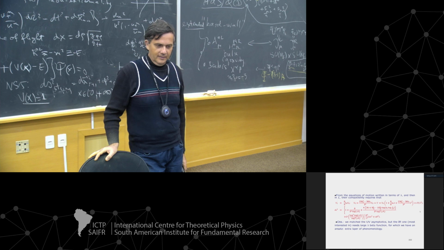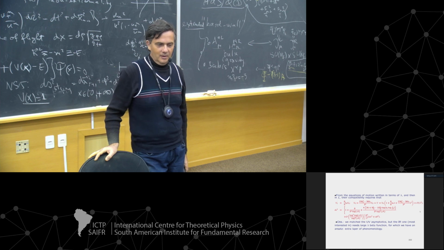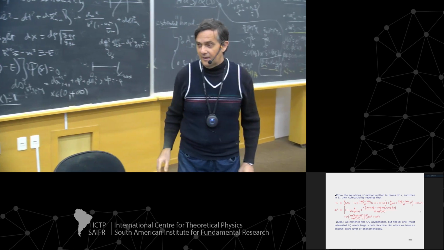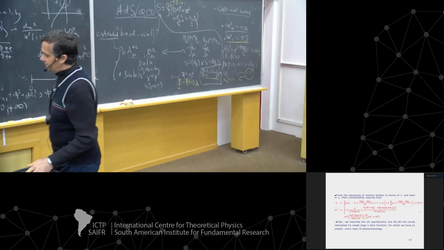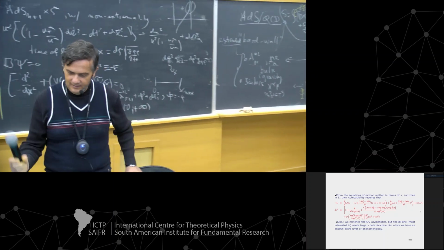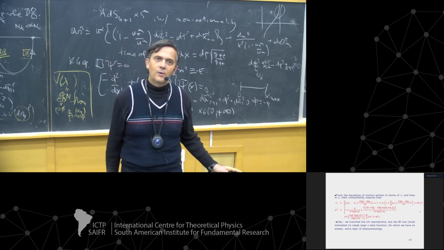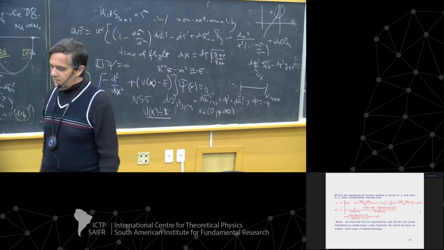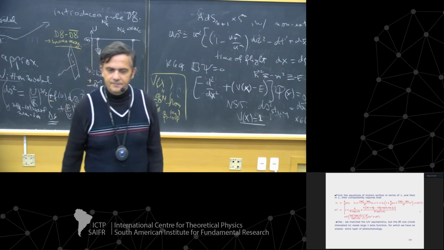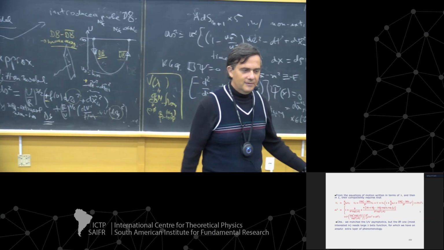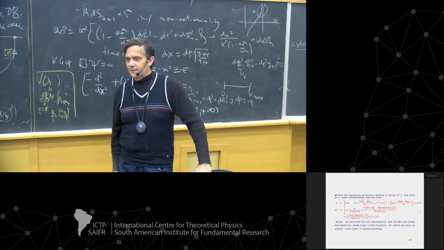I gave one such argument a few years back, and other people are looking for more rigorous arguments. But my particular argument and these others were referring to specific dualities, so the original one with AdS5 cross S5.